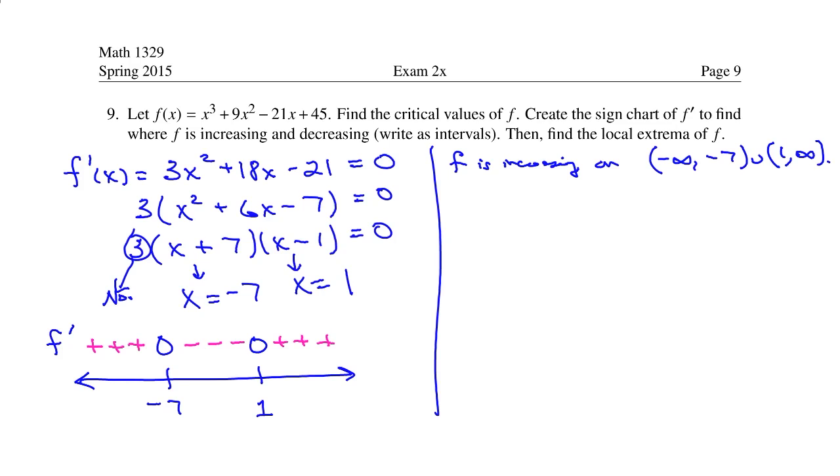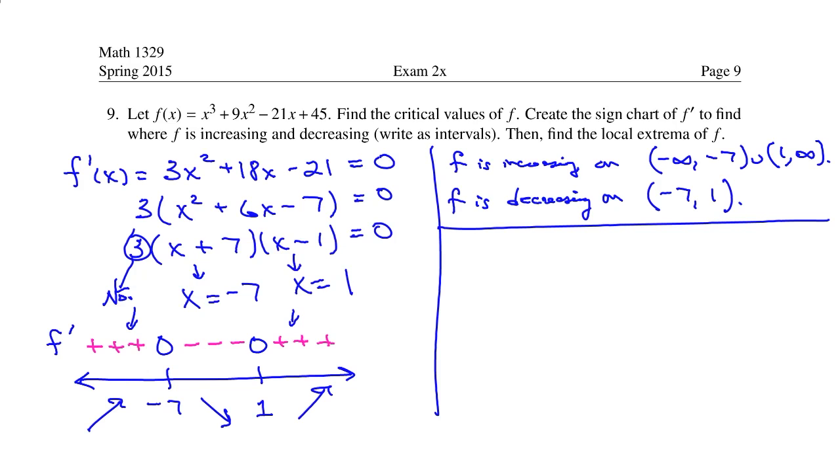So remember, a function is increasing when its derivative is positive. And then f is decreasing on negative 7 to 1. Remember, a function is decreasing when its derivative is negative.